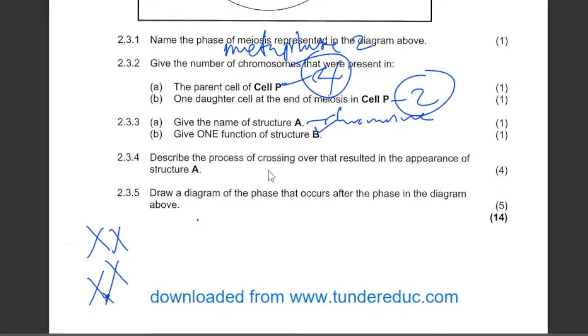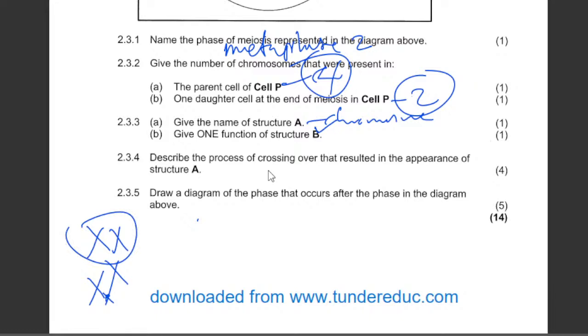They didn't talk about the phase, so mentioning the phase is also another mark. The genetic material is exchanged, and then after that they split, and they will have genetically different genes.